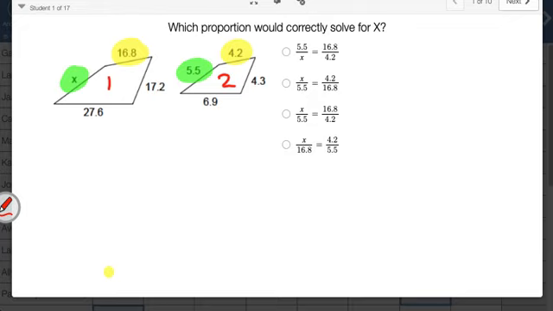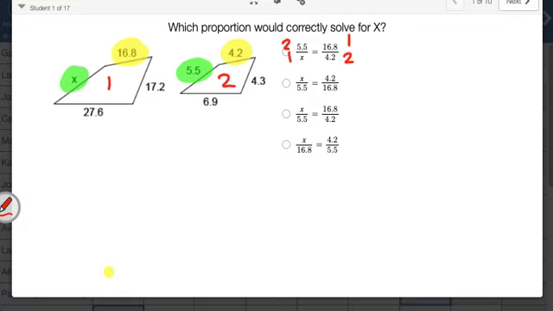That's shape 1 to shape 2, but then 16.8, or sorry, I wrote that wrong. Shape 2 to shape 1, 5.5 comes from shape 2, and then the 16.8 comes from shape 1, 4.2 comes from shape 2. So this top answer does not work. Okay, they're not lined up correctly.